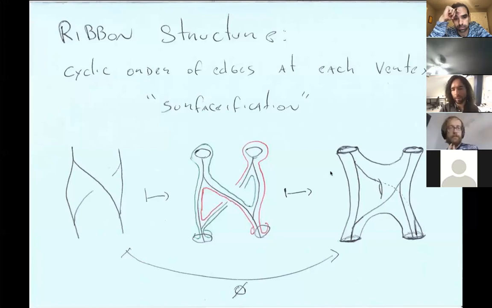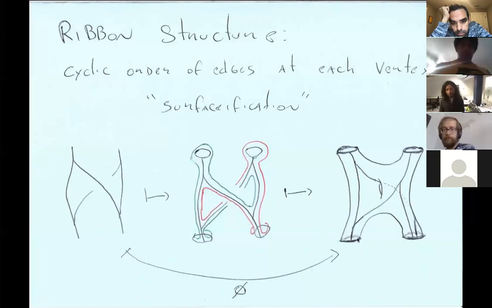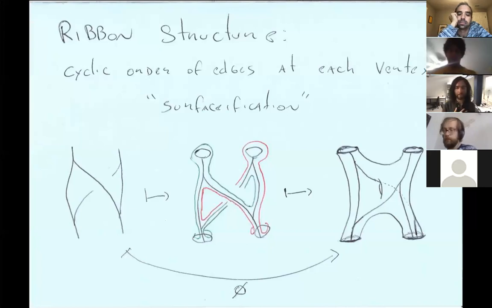And the output is a surface. In our case, it's going to be a surface with boundary components, with punctures. And since we have a directedness, we can say which are the input circles and the output circles. So that is the second element that we're going to consider.